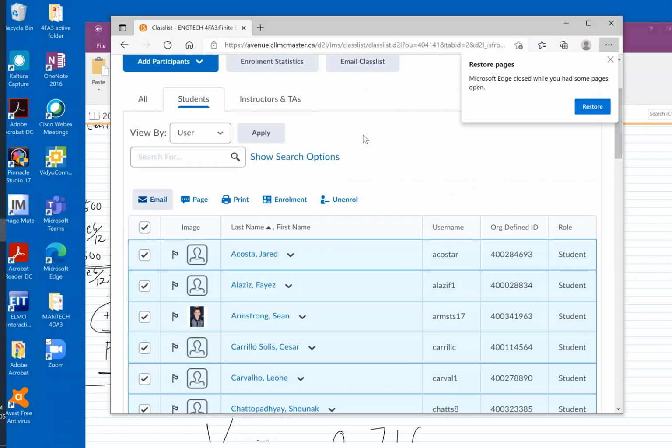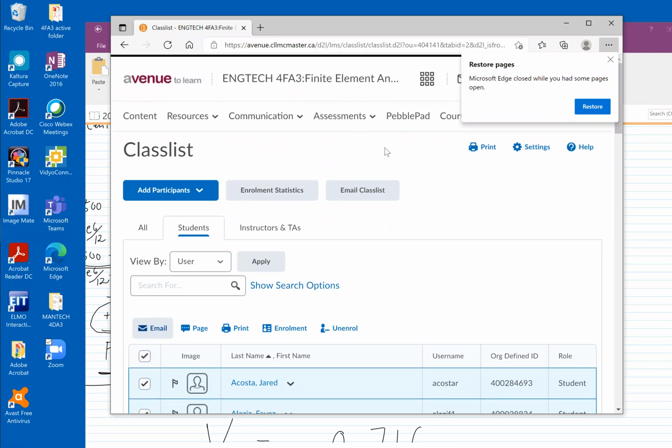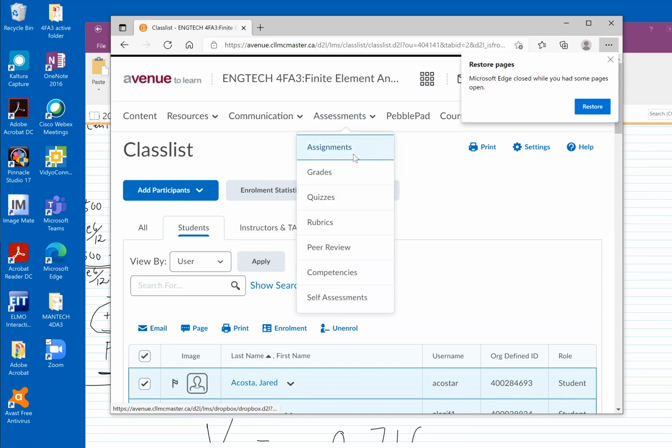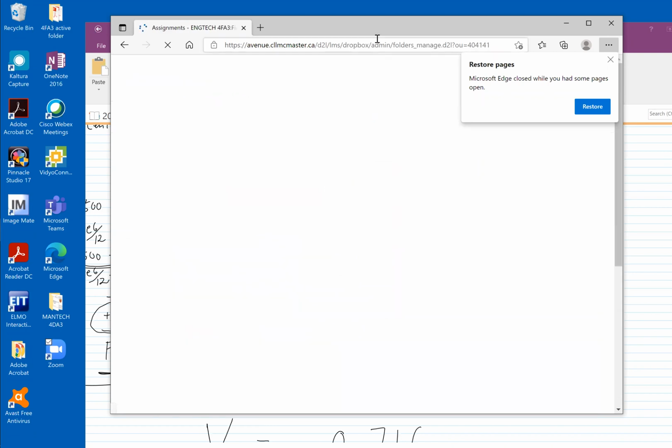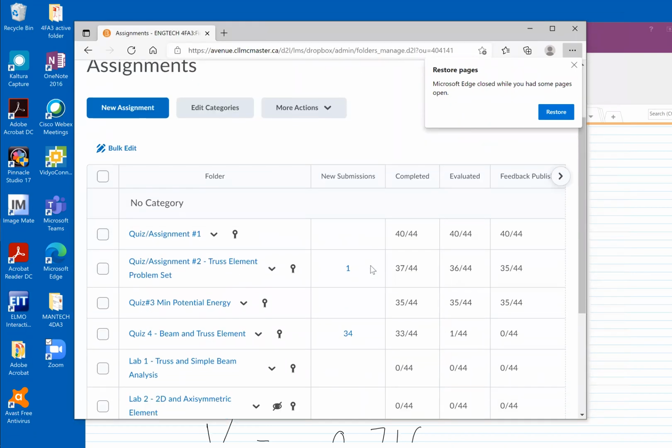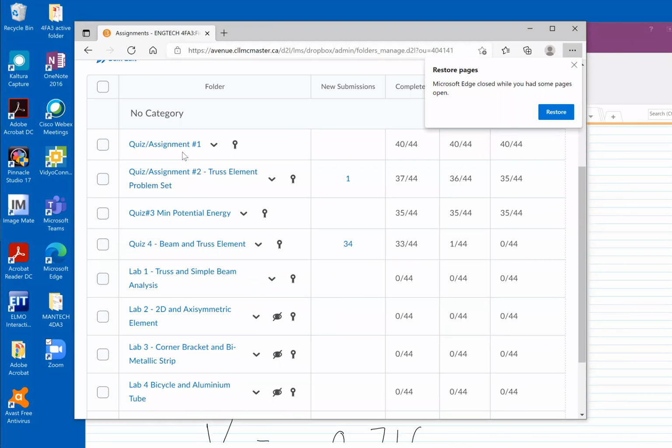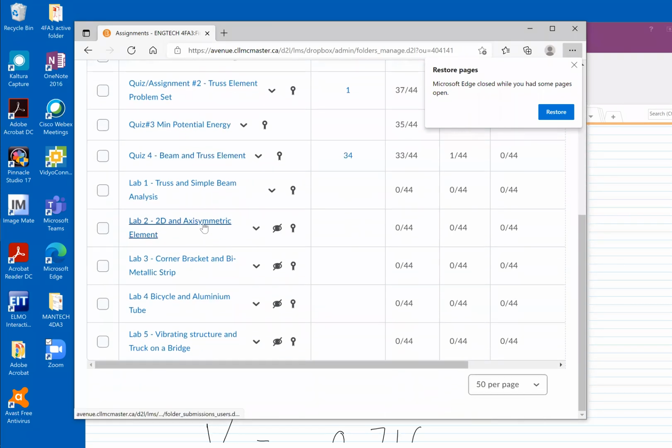If you haven't started lab 1 and lab 2, it's a bit late, but not enough to panic. But after the midterm, I really want you guys to catch up. It's under assessment, under assignment. So far I have quiz 1, 2, 3, 4, and then I have posted lab 1 as well.